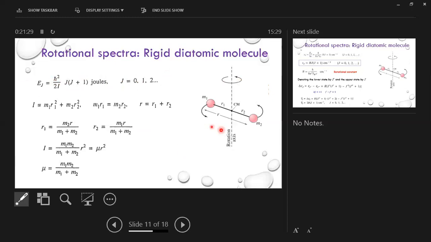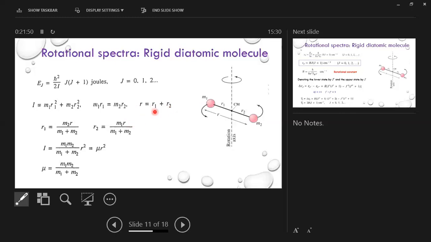Now, we can calculate the moment of inertia of this molecule about this axis. This will be I equal to M1 R1 square plus M2 R2 square. Obviously, the moment of mass about the center of mass will be the same, so M1 R1 will be equal to M2 R2. And we already have R equal to R1 plus R2. This is a simple classical calculation that you can do.